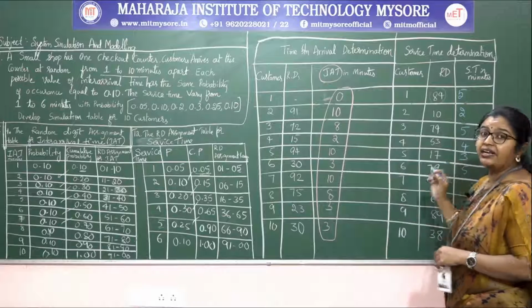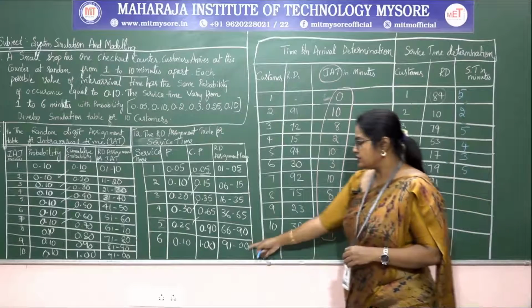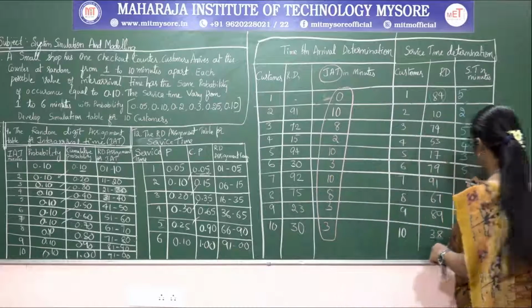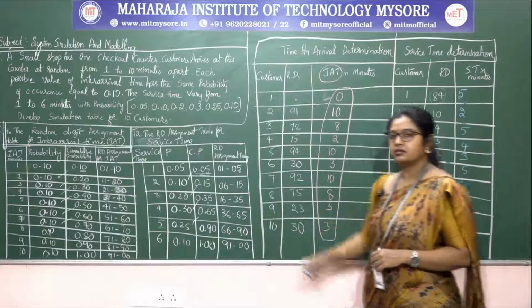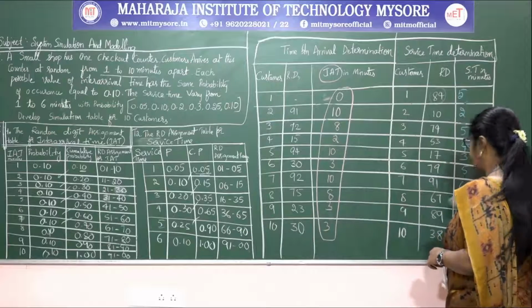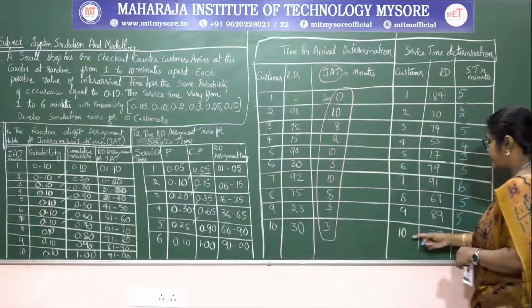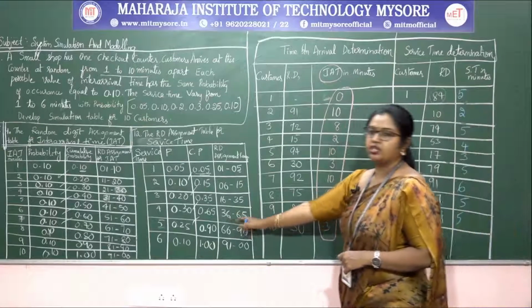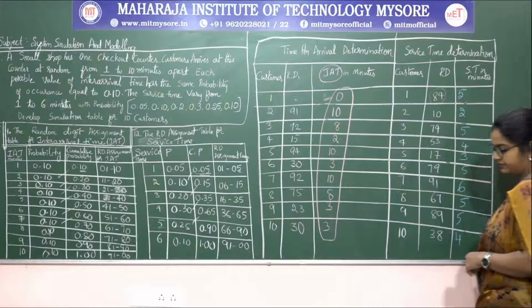Okay, next is 91. 91 comes under this last one, 91 to 00, that is 6 minutes. 67 comes under this, 5. 89 again 5. And 38 comes in this range, 36 to 65, that is 4 minutes.